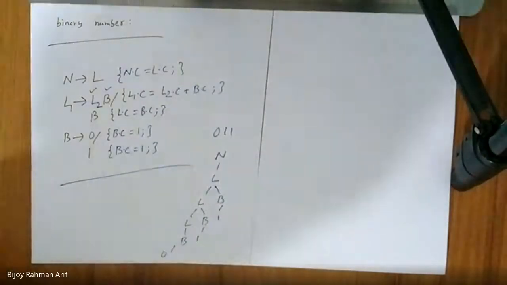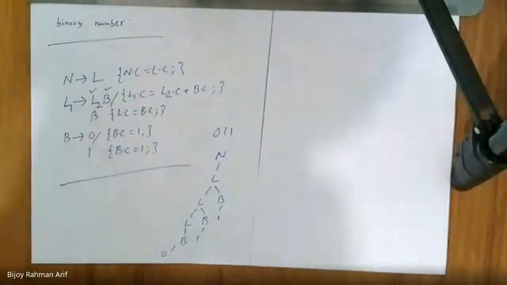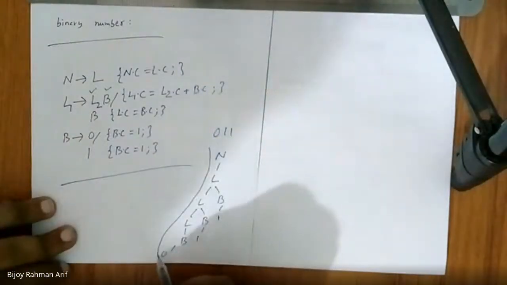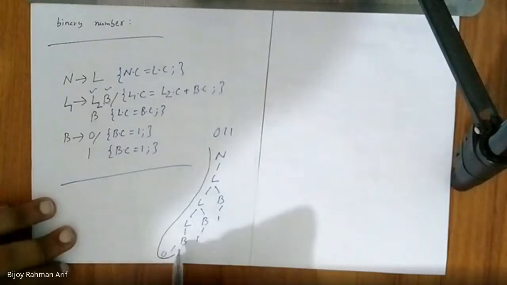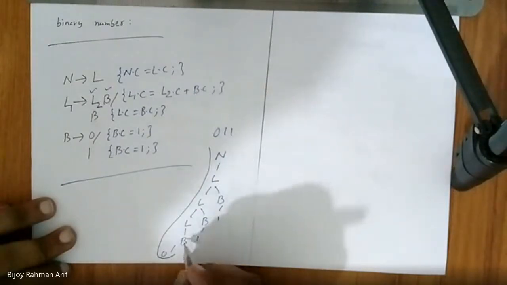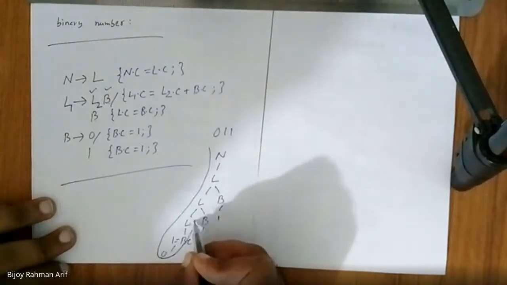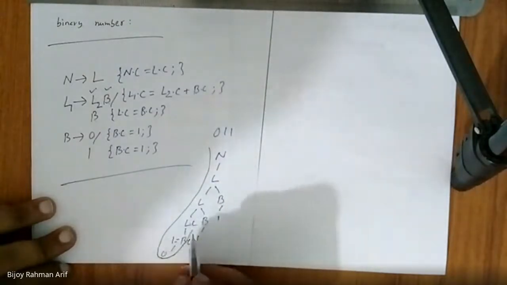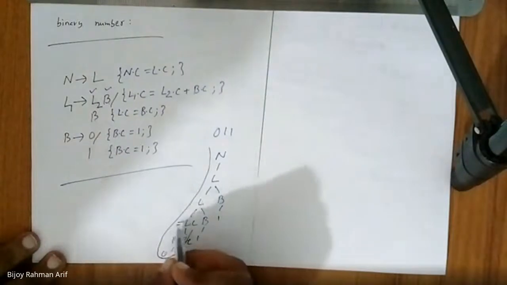Now travel left to right. It is all about logic. I get a 0, and 0 is reduced to B, so B.count equals 1. Then L.count: what is my list now? Nothing but a single bit, so this one is 1.